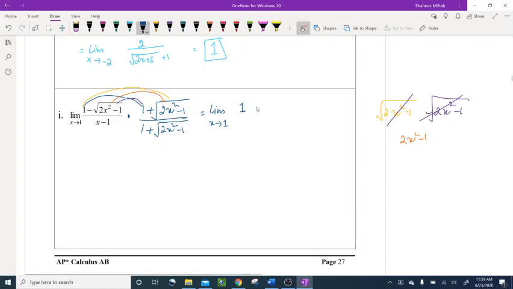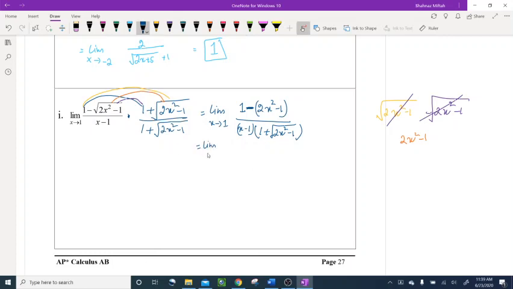So let's try that. Go back. I have 1 minus (2x squared minus 1). When you have a minus up here, be careful, put them in parentheses, because this minus is going to distribute. In the bottom, I'm going to keep everything as it is, like we did for the other one. 1 plus the square root of 2x squared minus 1, close. Now let's distribute this.